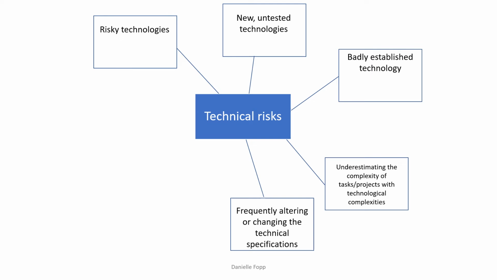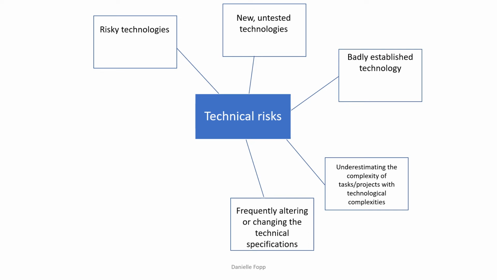There's also a very high risk, specifically in a lot of new projects, of underestimating the complexity of tasks or projects. We approach the project with a high level of optimism because we want it to go ahead. This is why it's important to have an independent appraiser come along and see, are we underestimating the complexity of the task at hand?